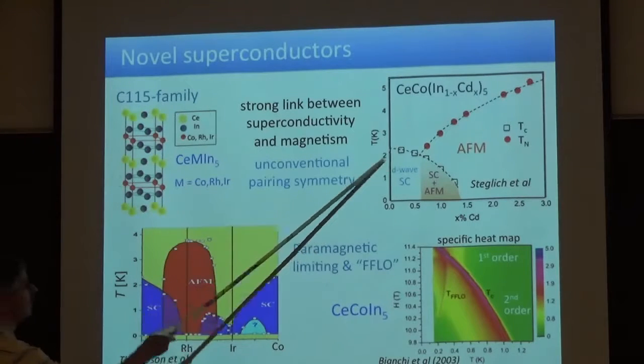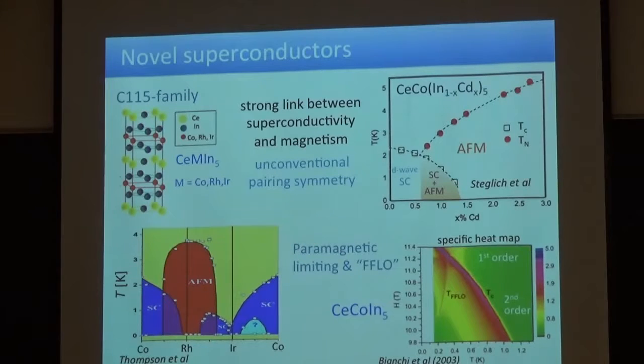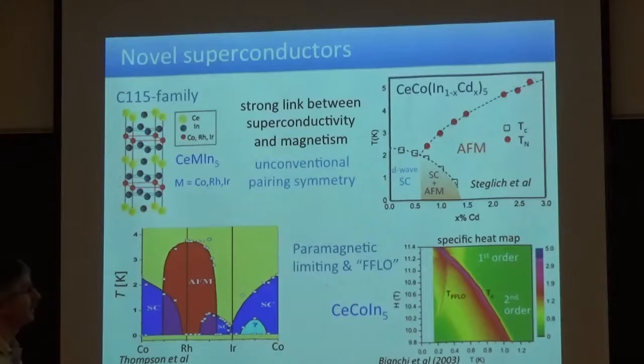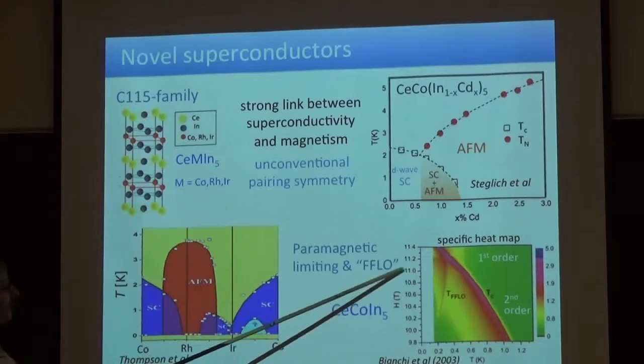Here, this is a so-called d-wave superconductor, similar to what you have heard in the previous lecture. Also, some interesting physics in cerium cobalt indium-5 arose due to the fact that at low temperatures and high magnetic fields, a new phase showed up, and this was considered as a potential FFLO phase, a Fulde-Ferrell-Larkin-Ovchinnikov phase, a phase which spontaneously modulates in space.